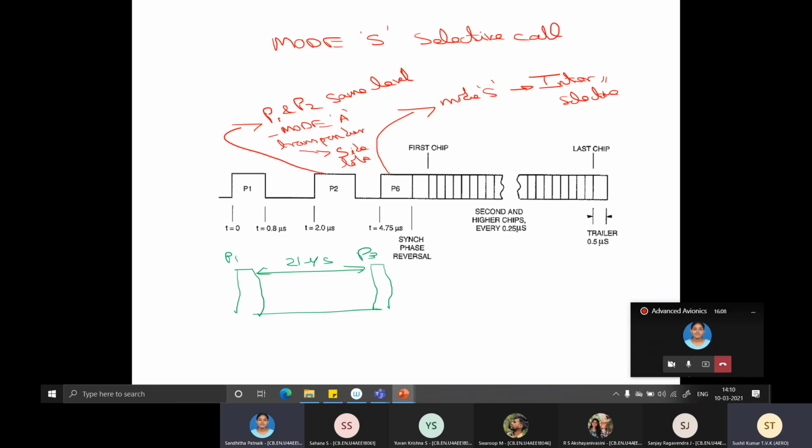Whereas my mode S is presently working, but I don't want that old aircraft to reply. Anyone else from the class?